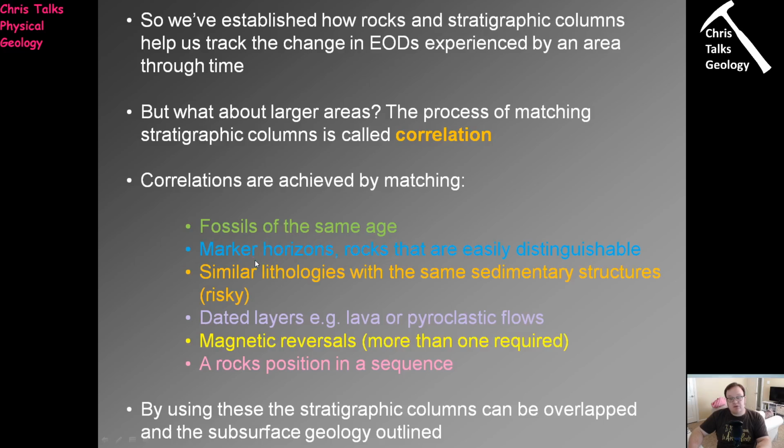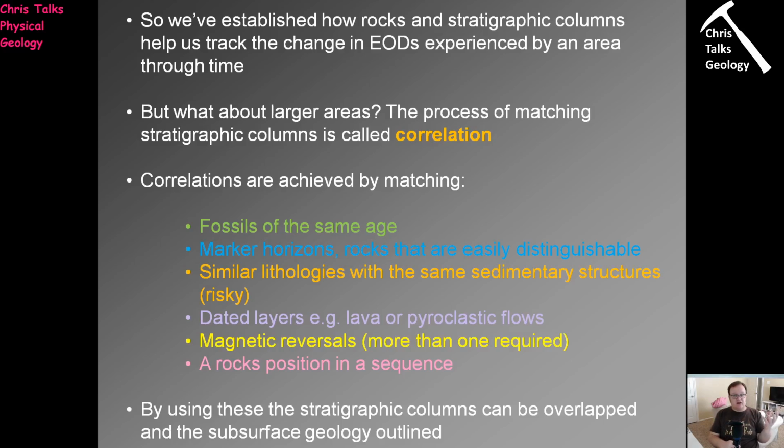Now, sometimes we can use certain layers of rock if they are very, very distinct, and these are referred to as marker horizons. Sometimes in a sequence of rock, you are going to have a layer of rock that is genuinely rare. And if you have a genuinely rare layer of rock, then you can try and use that layer as a marker horizon.